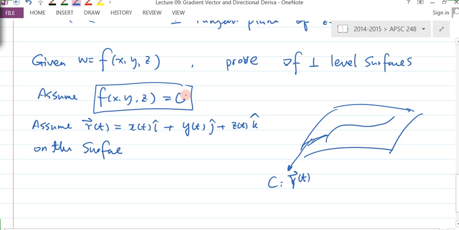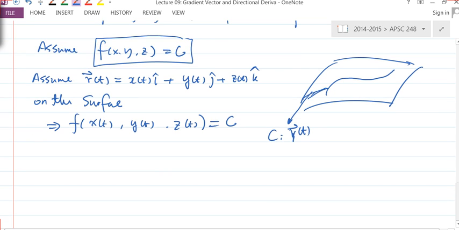That makes sense? So basically, f of x of t, y of t, and z of t equals c. So the curve is on the surface. Any point on the curve, the coordinates of the point, is going to be on the surface.